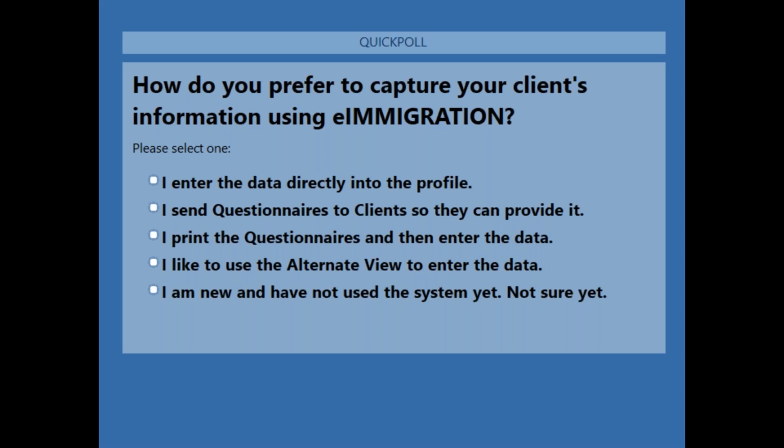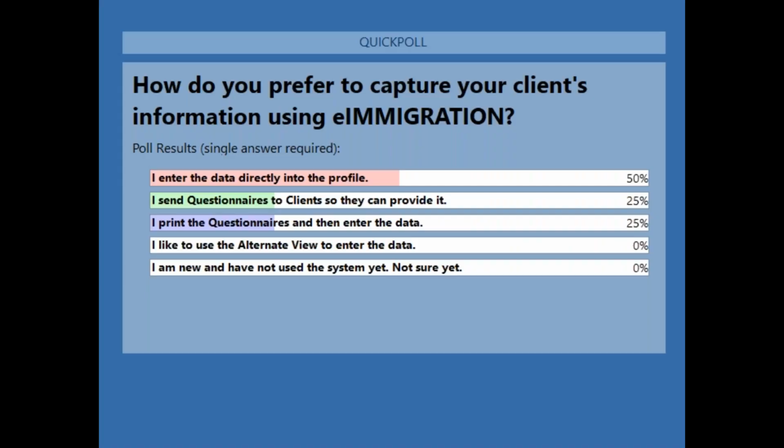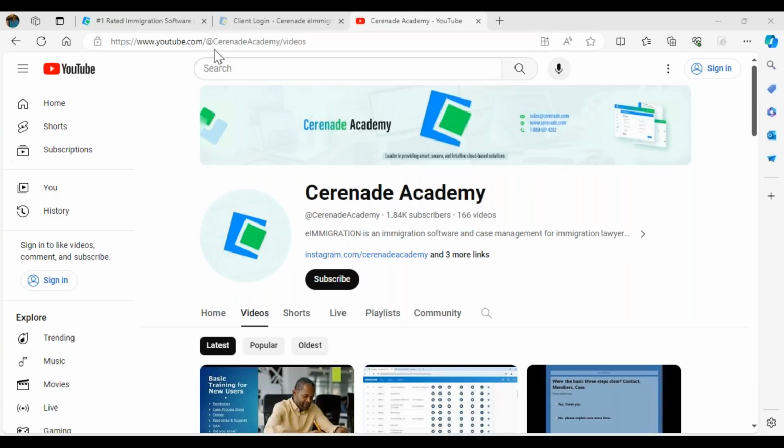All right, I've got more than 50% of the votes, so let me close and share. It looks like 50% say I enter the data directly into the profile. No one answered that you want to use the alternate view. That's interesting. Okay, anyway, let's continue.